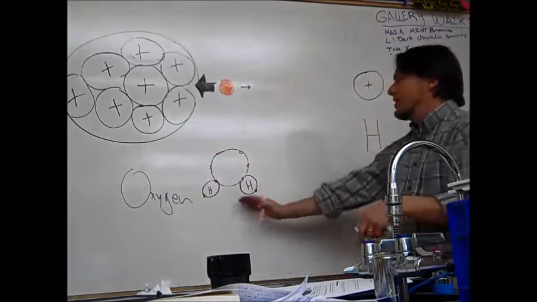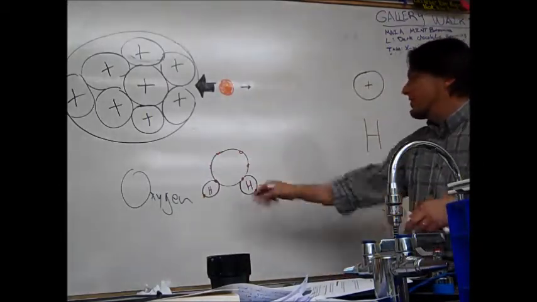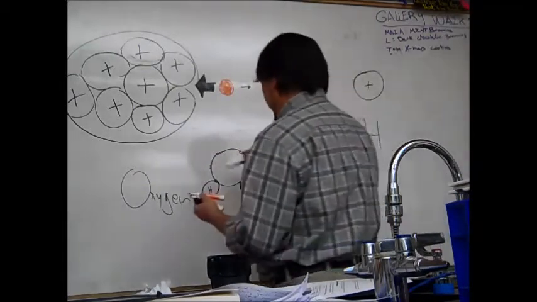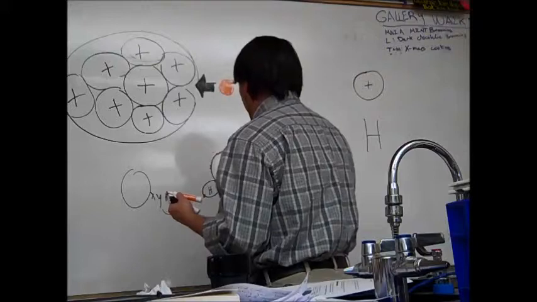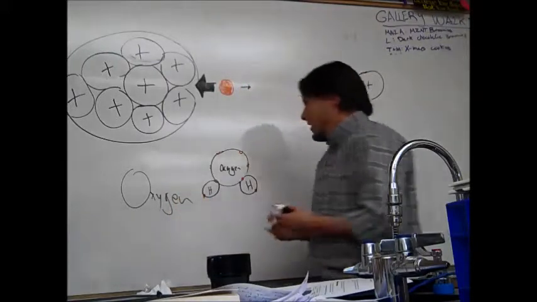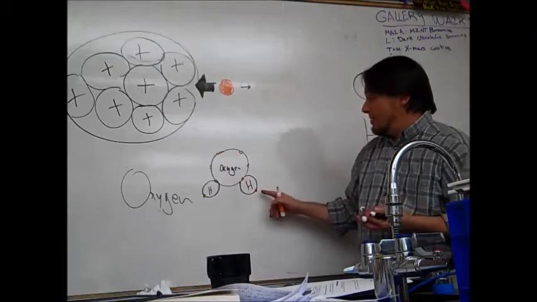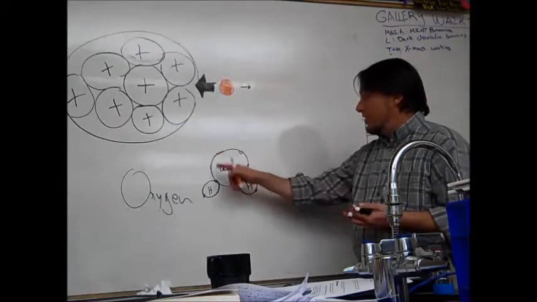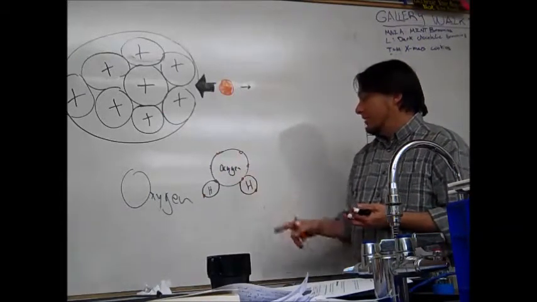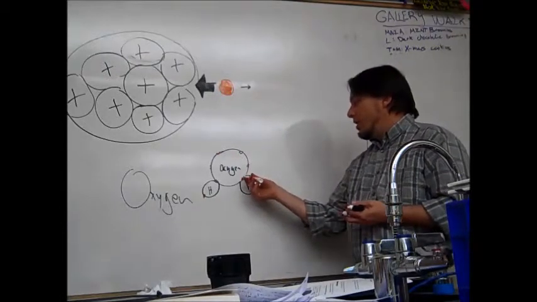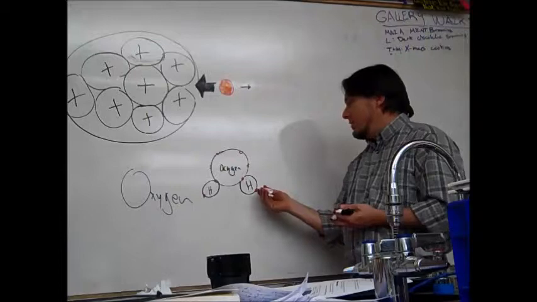You're going to draw 2, just to let you know, there's going to be 2 of these. Let me write oxygen in here. What I showed you on Friday was that these are going to share. Remember, oxygen needs 2 electrons because it has 6. And so it's going to get 1 from each hydrogen. And the hydrogen needs 1 electron to be full, so it's going to get 1 from oxygen.